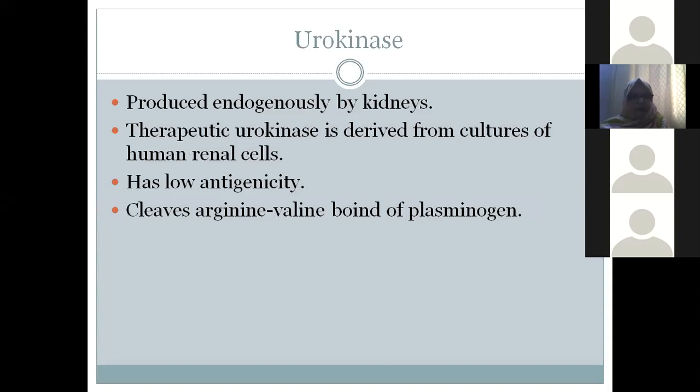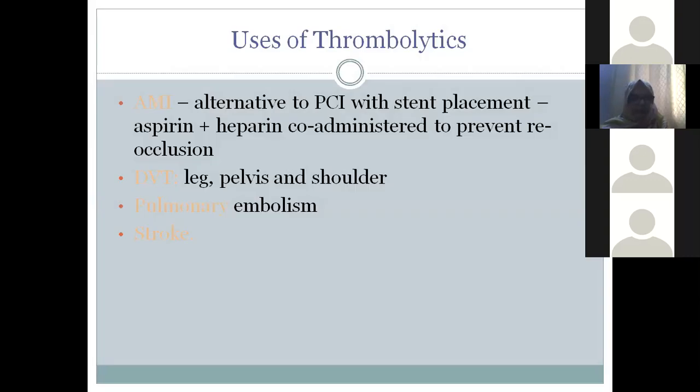So it is produced endogenously by kidneys, and therapeutic urokinase is derived from cultures of human renal cells. It has low antigenicity and it cleaves the arginine-valine bond of plasminogen.